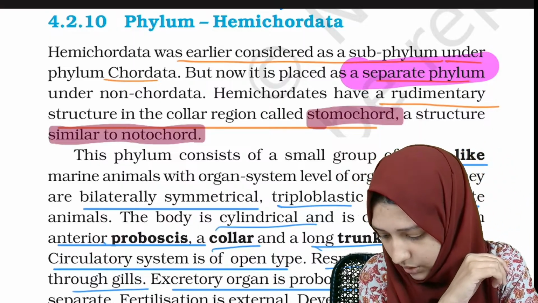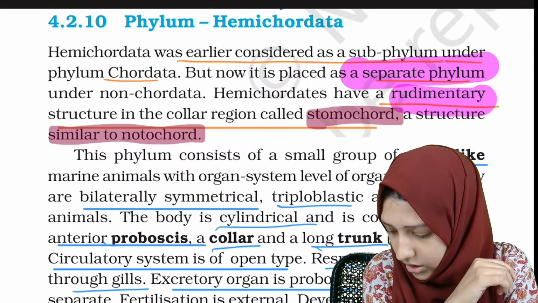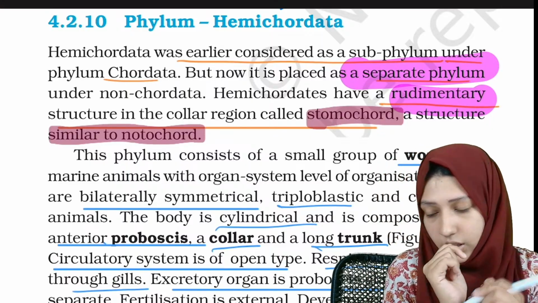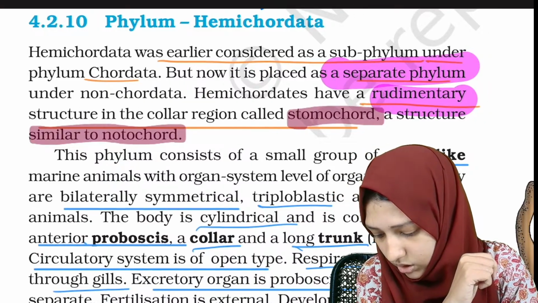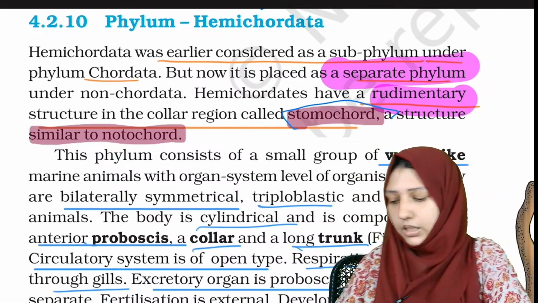The structure was known as the stomochord.